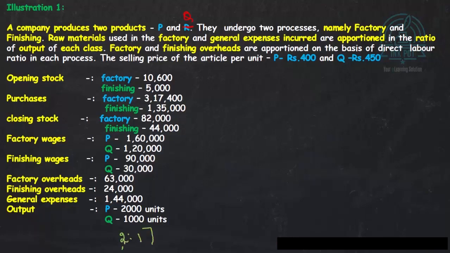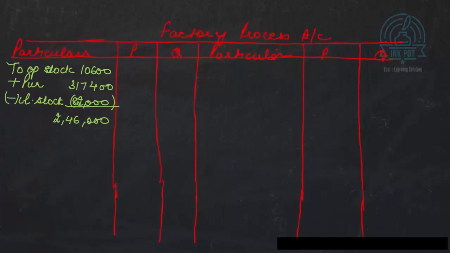So we are going to apportion that in this ratio, right? Now, when you will divide the expense 246 in the ratio of 2:1, we'll get 1,64,000, and here you will get 82,000 after dividing in the ratio of 2:1, right?